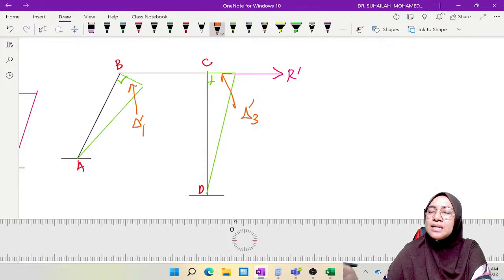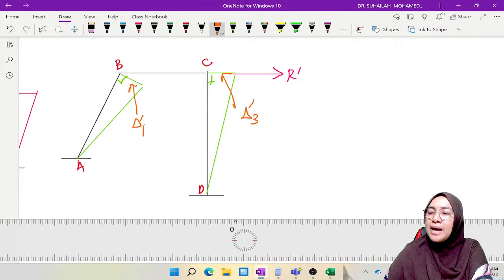Whenever there is one inclined member, AB as element number 1 will have delta 1 prime, CD as element number 3 will have delta 3 prime, and delta 1 prime and delta 3 prime are not similar. So when we apply, we have to make sure that the delta is perpendicular to the member.